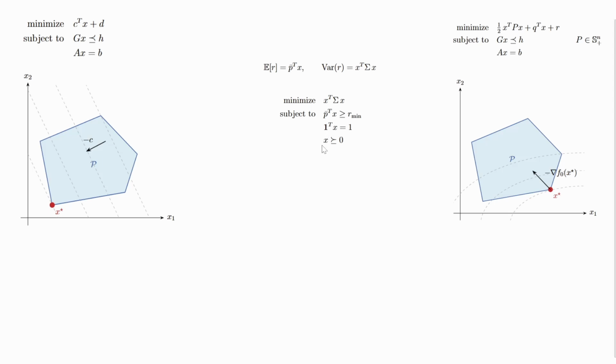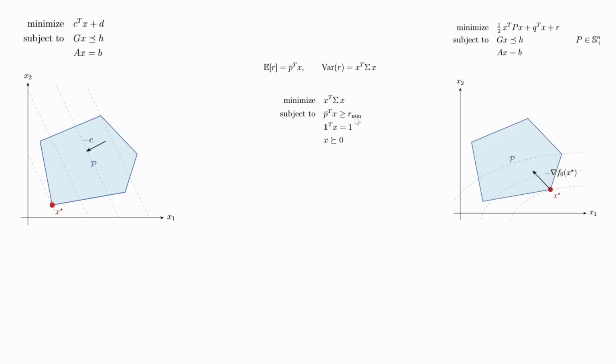And you can't have negative assets, so they must be positive. Now, one way you can think about it is for one value of your R minimum, you get some optimal variance associated with that.